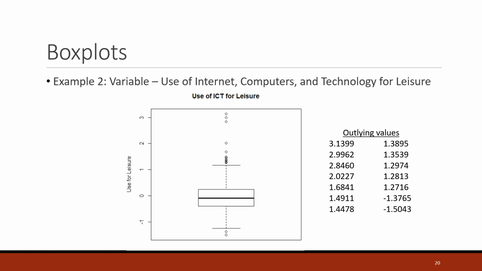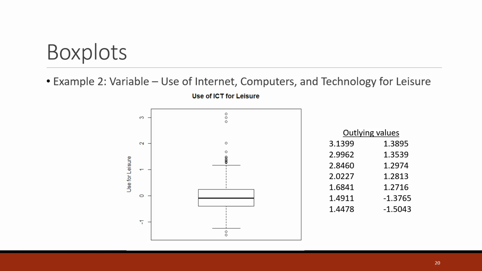And then continuing to our second example of the use of ICT for leisure variable, we can see that this box plot looks definitely different from the one we just saw. So we can see the main body of the box plot again, the bottom line, the top line indicating the first and third quartiles, with the bolder line indicating the median, the extended vertical lines reaching to the furthest observed points that are no more than 1.5 times interquartile range. But then we also have a bunch of dots below and above those vertical lines.